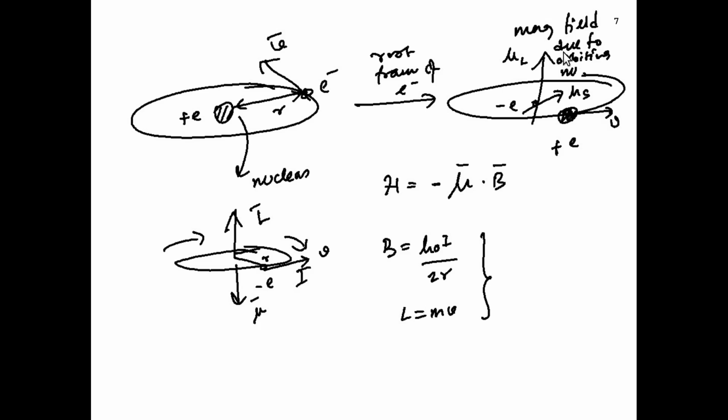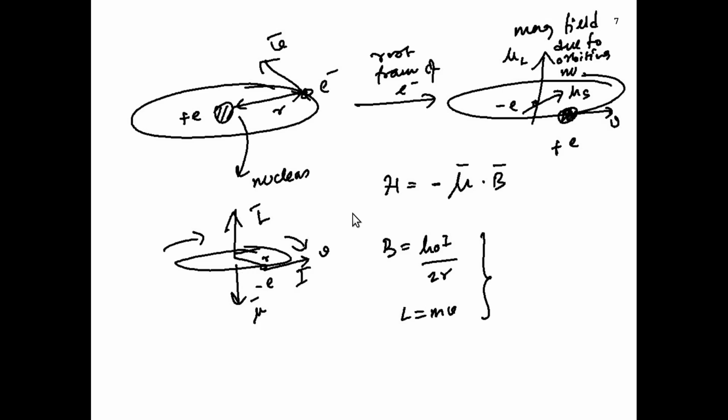So this is the magnetic field it produces here, and we know that if there is a current I in a loop, you can think of it as the current produced by the moving proton, it produces a magnetic moment.